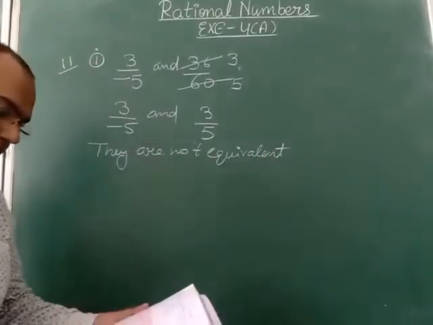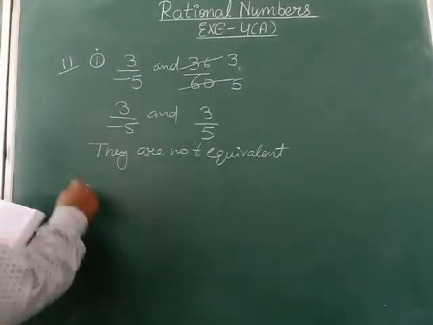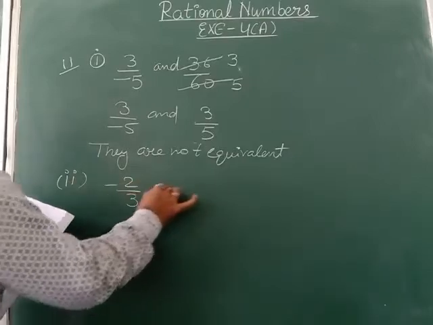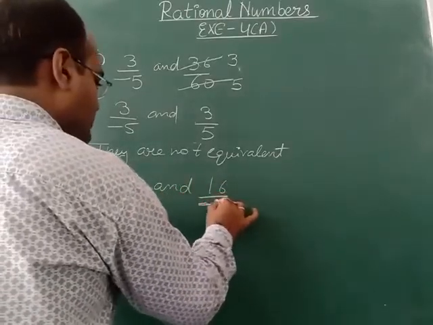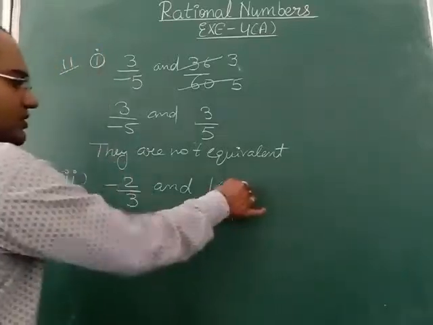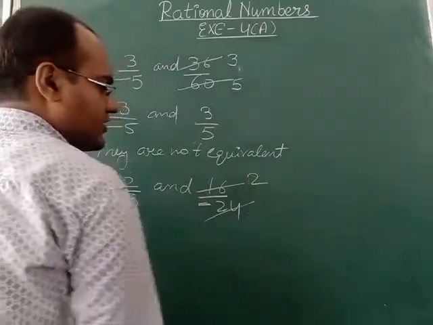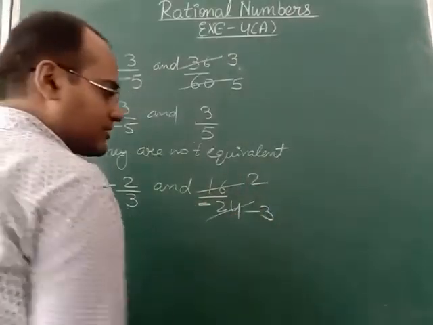Now see another part. Part number 2nd. Second part is minus 2 upon 3 and 16 upon minus 24. These two we will cancel with a table of 8. 8 2s are 16, 8 3s are 24. Minus is also there, so we will put the minus sign also.